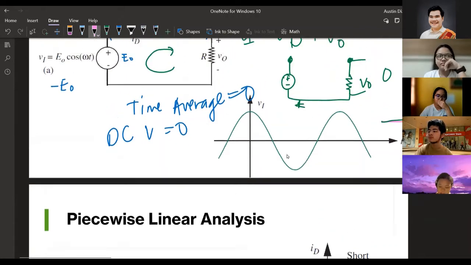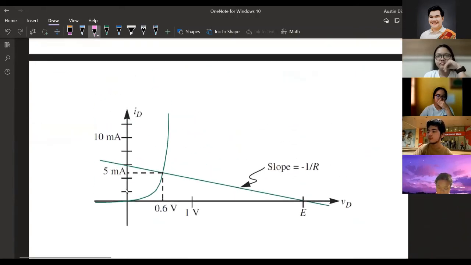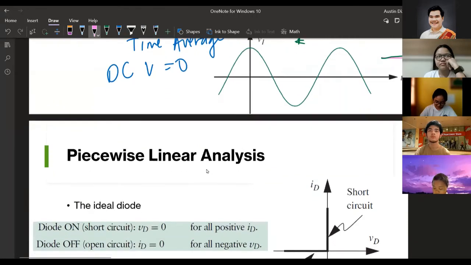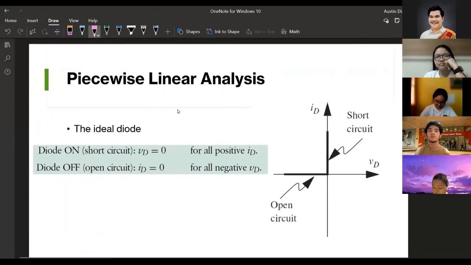Ang gagawin mo ngayon, alam mo yung graph, di ba? Natuto ka na mag-graph ng mga voltages mo. Gawin mong lines yung mga ginraph mo. Pwede ko itong hatiin na ganito na lang yung graph mo. So, ayun yung essence ng pangatlong technique natin, which is gagawin mo line yung mga bagay-bagay.